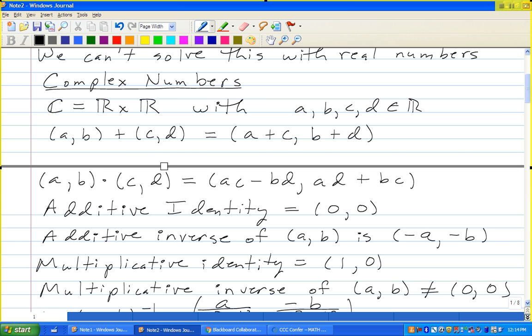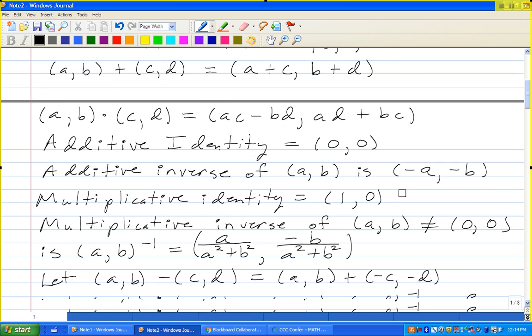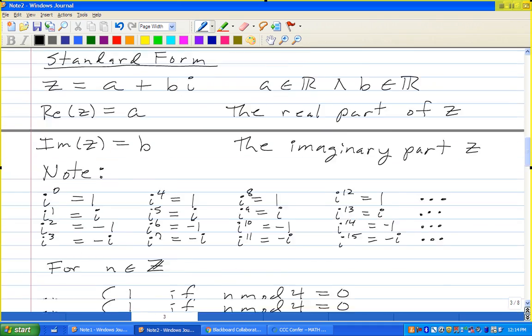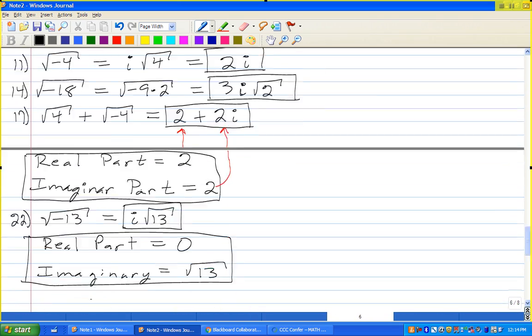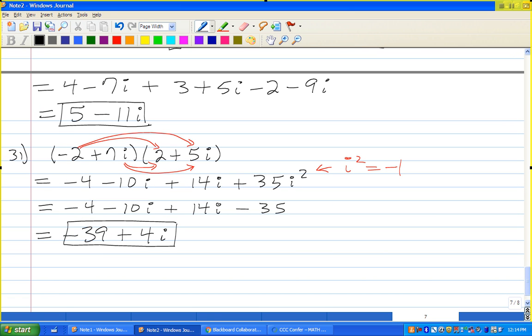So the real part times imaginary, the imaginary part times the real part. And so that's how we multiply. And now that definition makes sense. You just multiply it out. Use the distributive property and use the fact that i squared is negative 1. Okay.